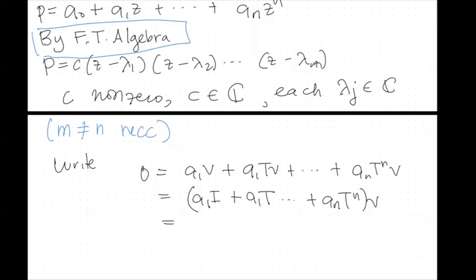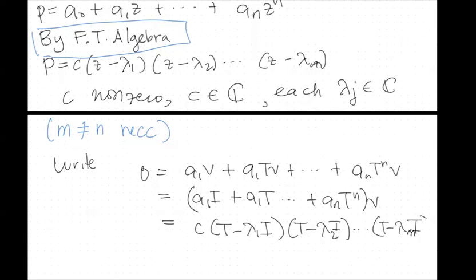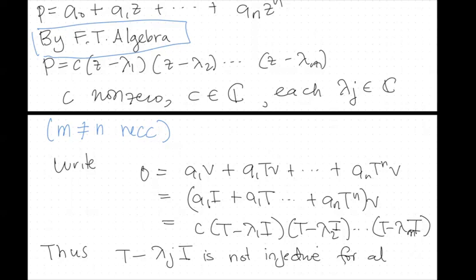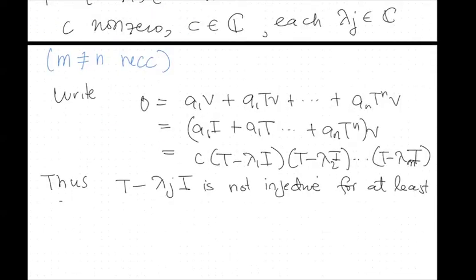Using the factorization above, you can write (T minus lambda 1 I)(T minus lambda 2 I) up to (T minus lambda m I), which means that T minus lambda j I is not injective for at least one of the j's.